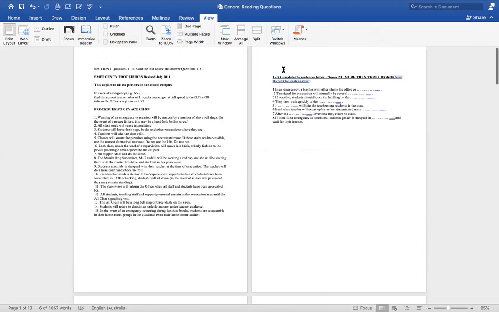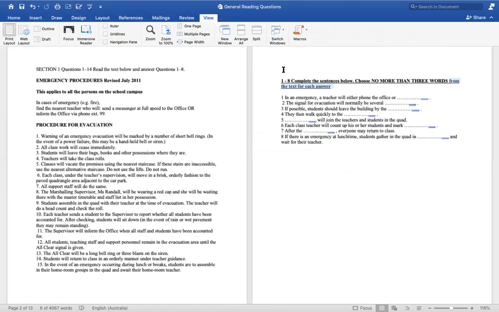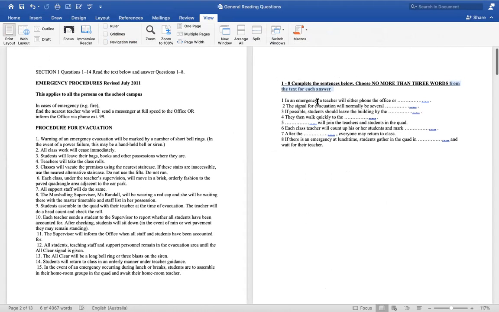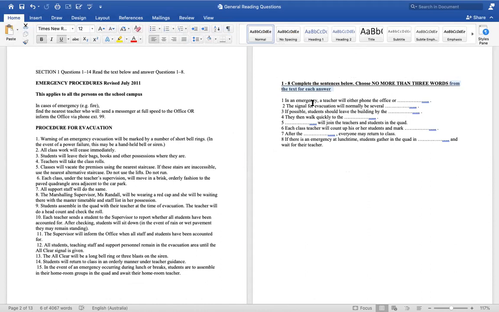Okay, so reading this statement: in an emergency, the teacher will either phone the office or dash. What are our keywords here? In an emergency is a key idea, so we underline it. The teacher will either phone the office or dash.